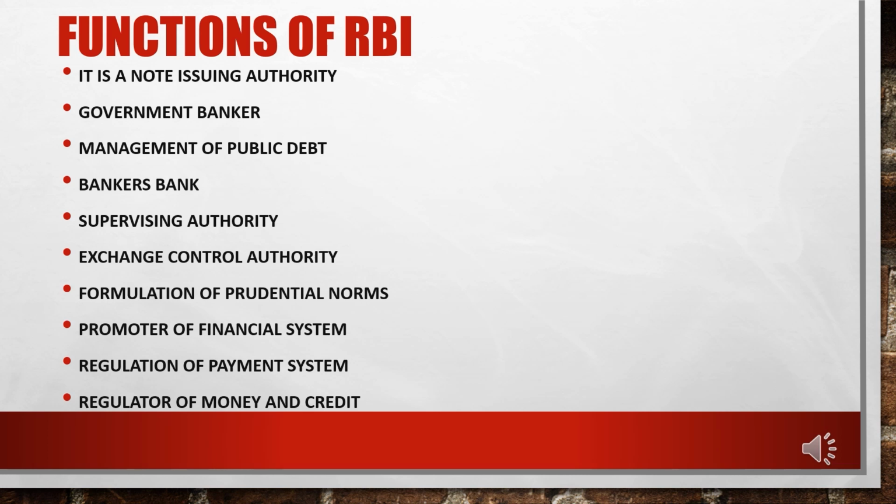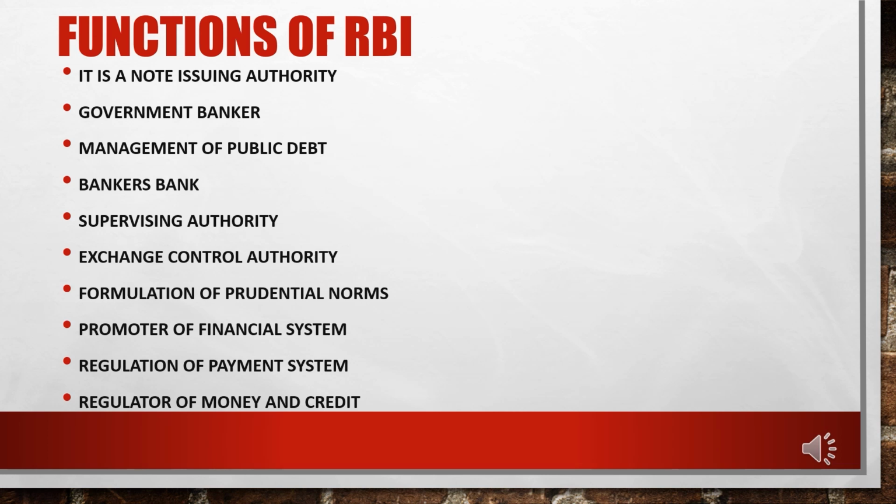It regulates and supervises the payment system. It created a Board for Regulation and Supervision of Payment and Settlement Systems as a committee of the central board. A new Department of Payment and Settlement Systems was constituted to assist this committee in performing its functions.